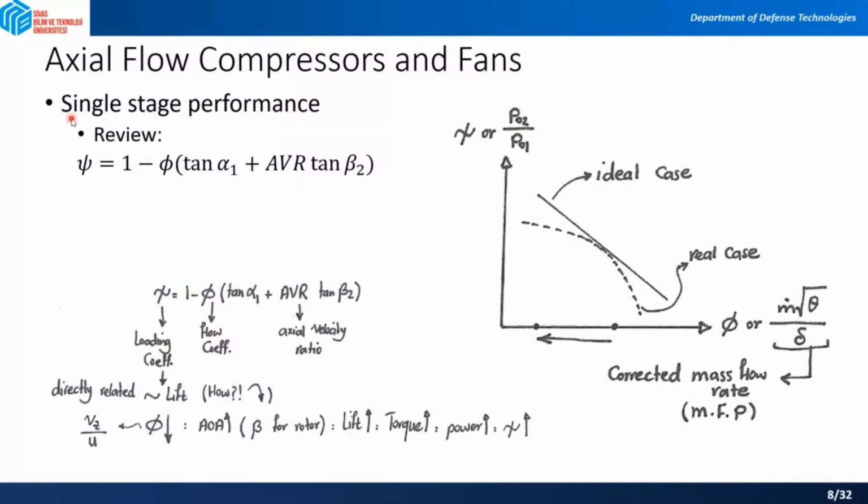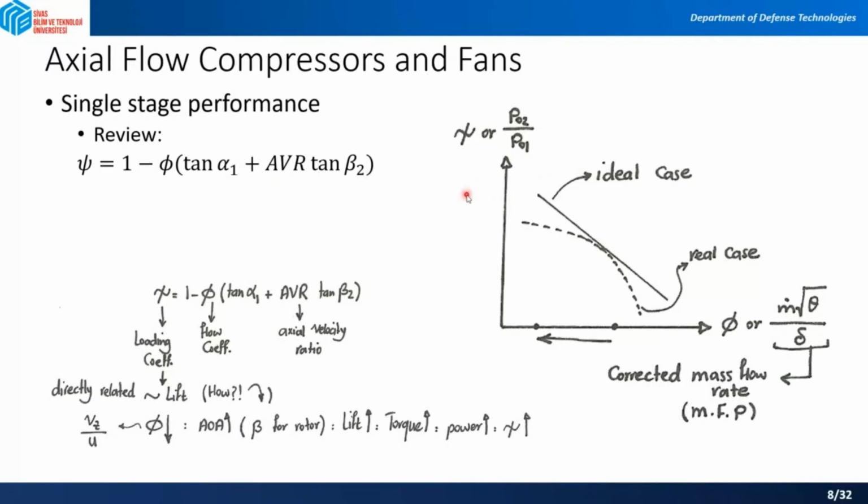So in here, if you remember, we had the psi. It was our loading coefficient in the previous session, and we defined this psi by this relation: 1 minus flow coefficient times the tangent of alpha 1 plus axial velocity ratio times tangent of beta 2.